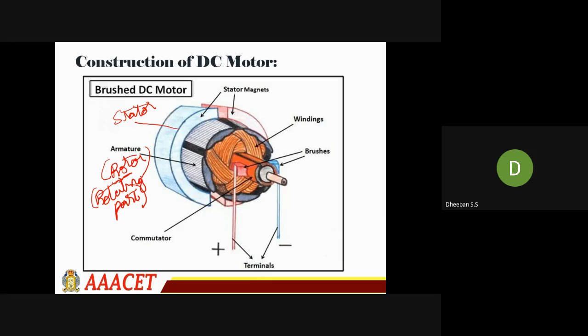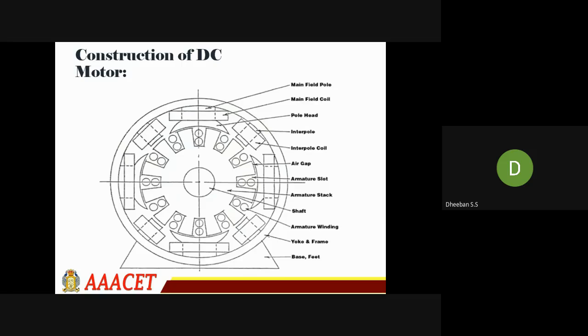Here you can see there will be some windings, brushes, and commutator. You can see clearly, this is your stator, and this stator will be having the magnets to produce your magnetic field.